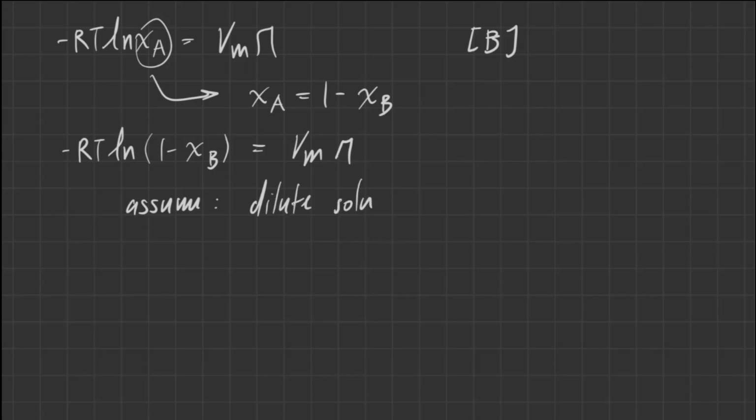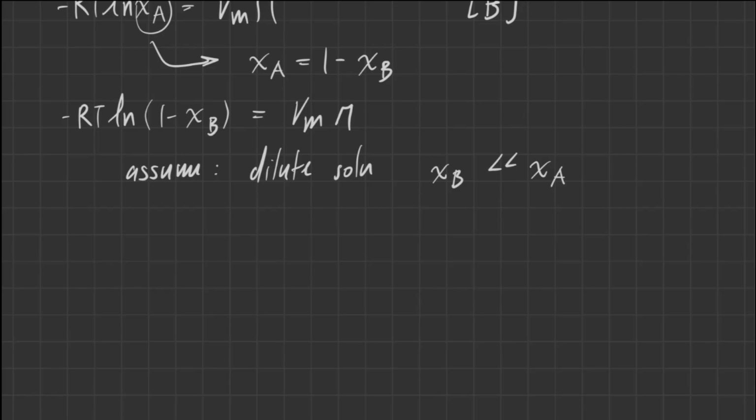This means that the molar fraction of B is much less than the molar fraction of A. So imagine just a bunch of A solvent particles or molecules surrounding very small amounts of this B molecule, this solute. So xB approaches 0, it's very small.